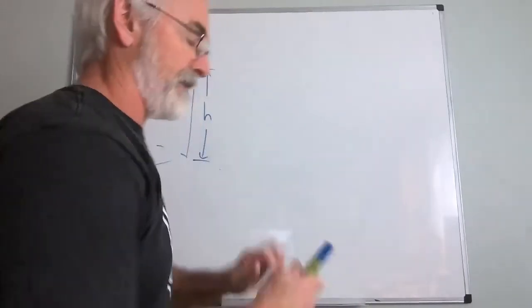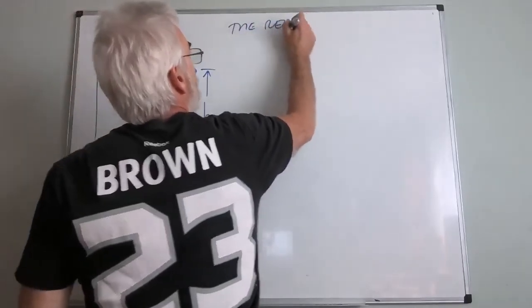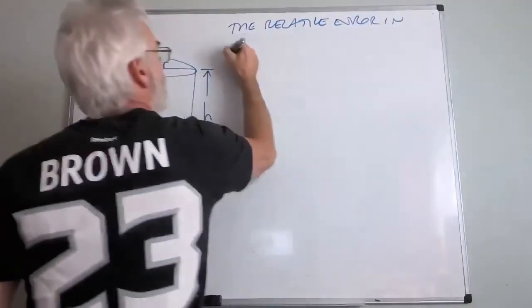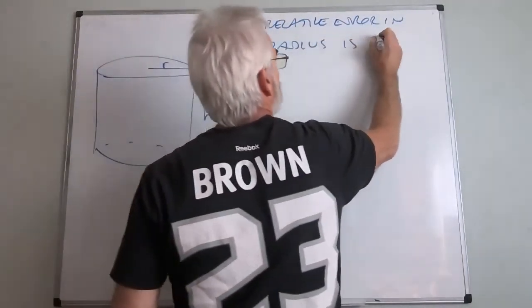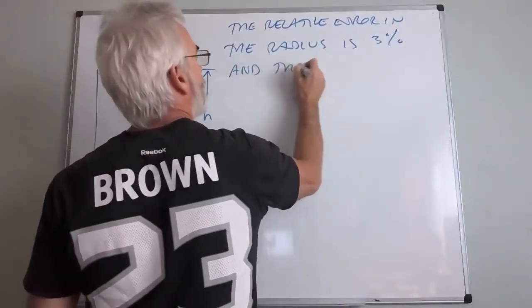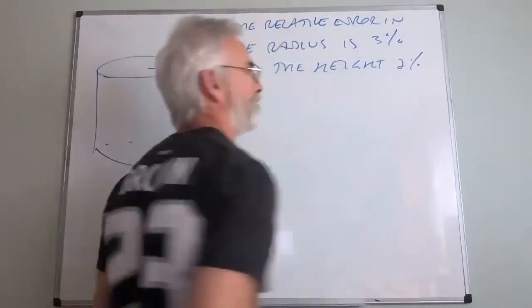So let's say that the relative error in the radius is 3%, and the height about 2%.